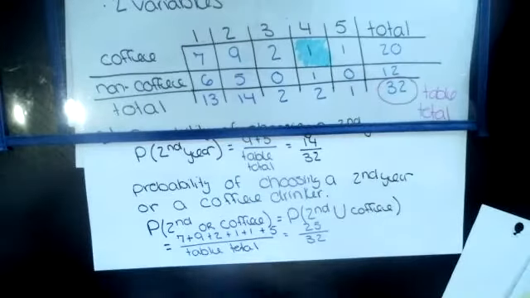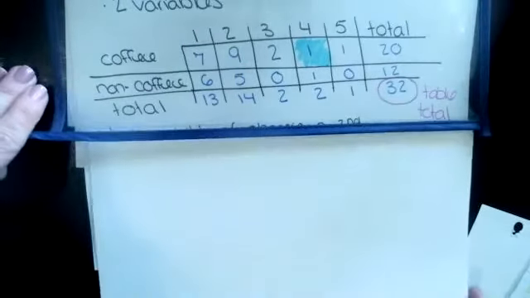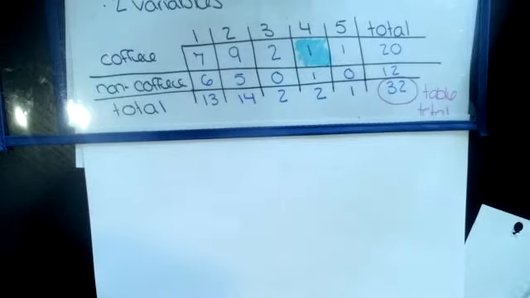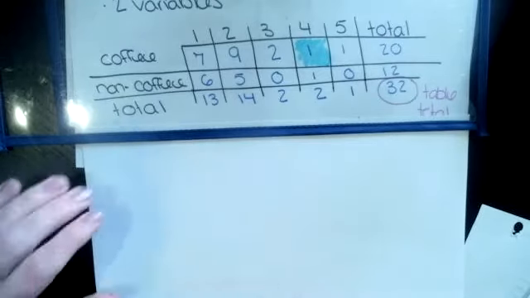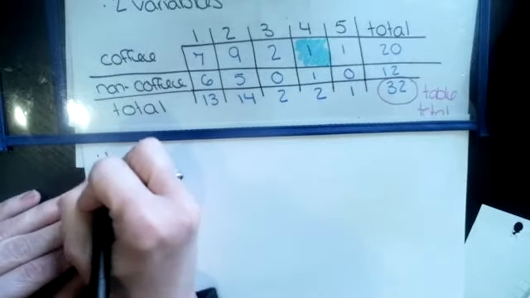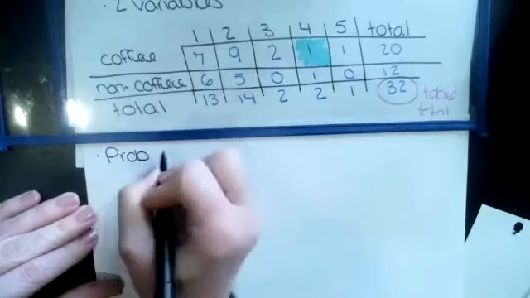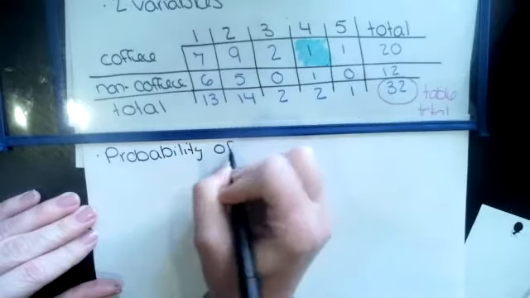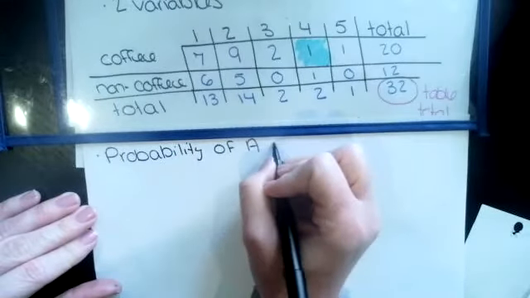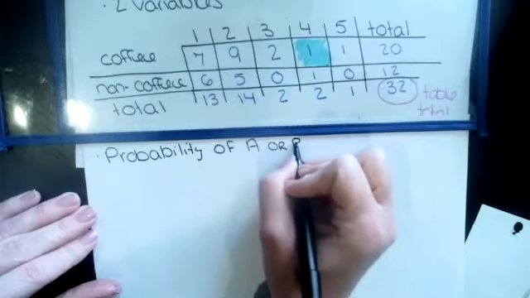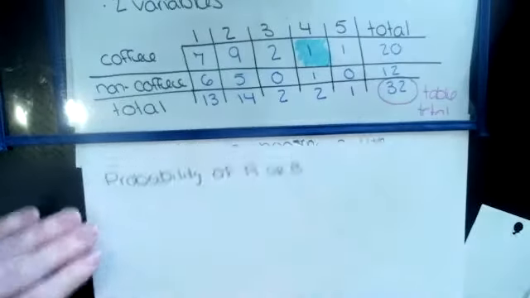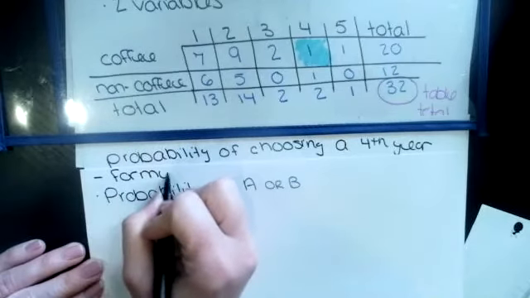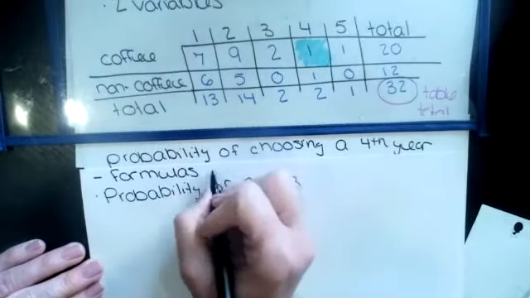These, to me, are just as easy because I'm a math person, but it doesn't mean it is for everyone else. Okay. So I'm going to just call this the probability of A or B. Sorry for your notes.